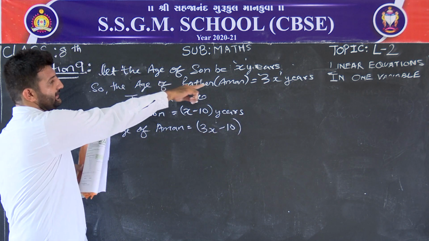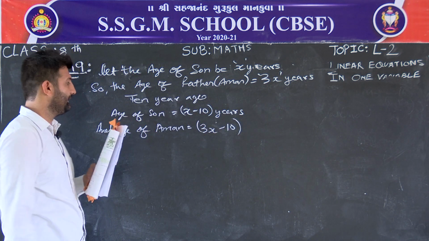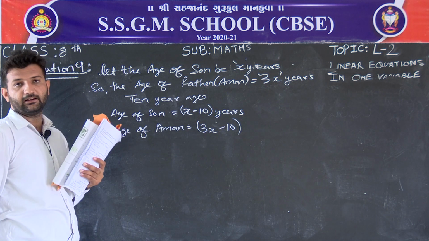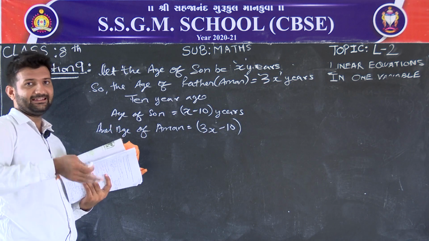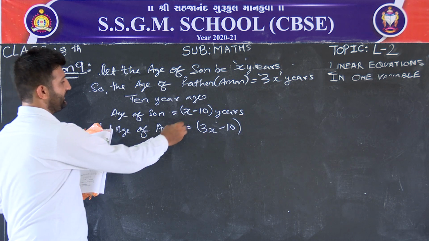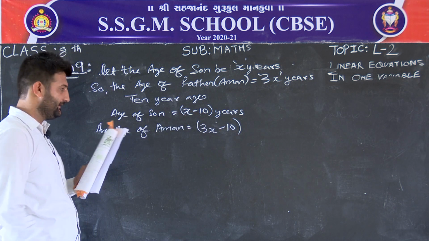These are the present ages of Aman and his son, and these are the ages of the son and Aman 10 years ago. Ago means back, so we subtract 10 years from both the ages.